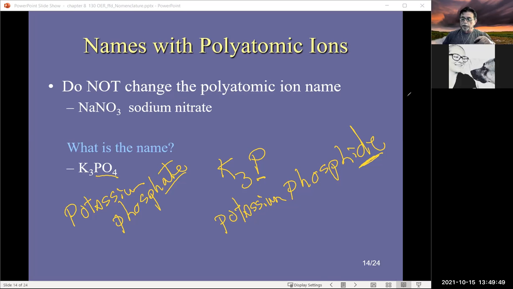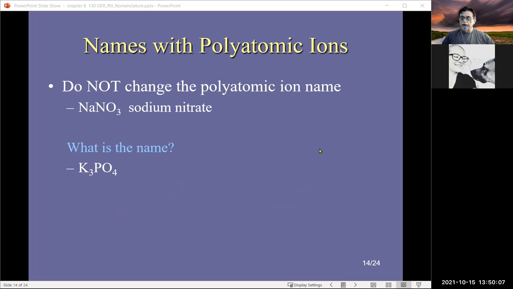And then we're going to have ITE, phosphite. We're going to have in our additional resources how that works, and I'll show you how that works. Okay, so here we have a polyatomic ion. So its name, I go to the table, look it up, PO4, that's the phosphate, potassium phosphate.